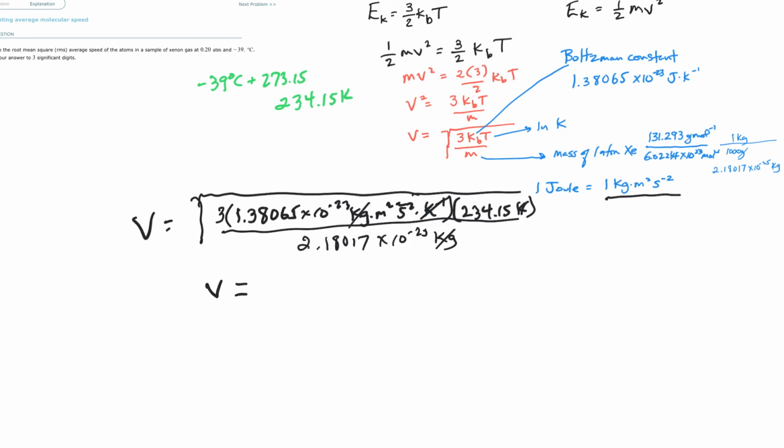I have v equals 210.9135. Okay, you know to never trust the calculator. This is now in meters per second. Always go to three significant figures. If in doubt, always go 3 significant figures. So velocity will be 211 meters per second.